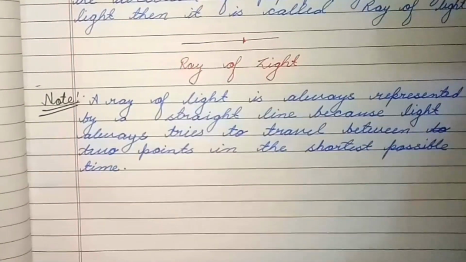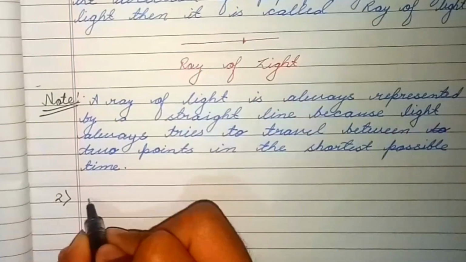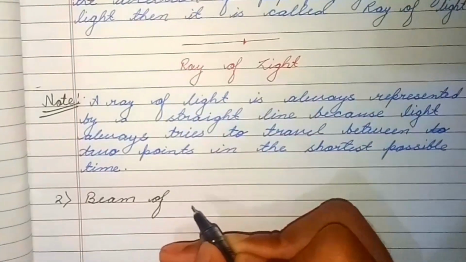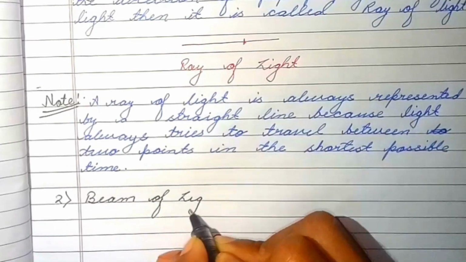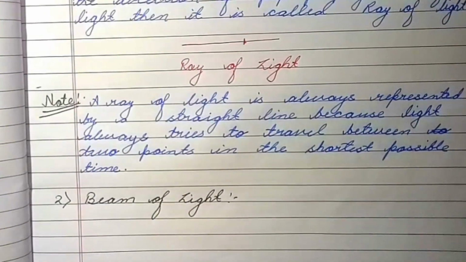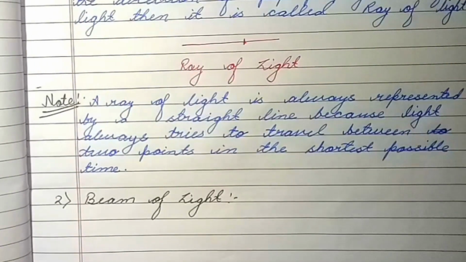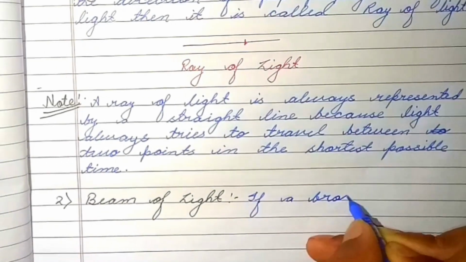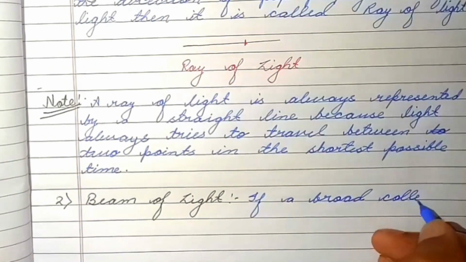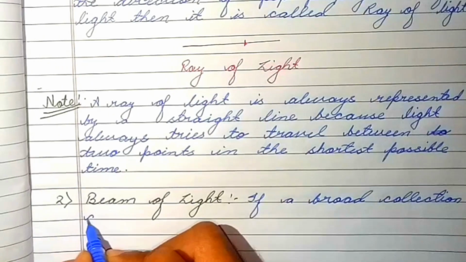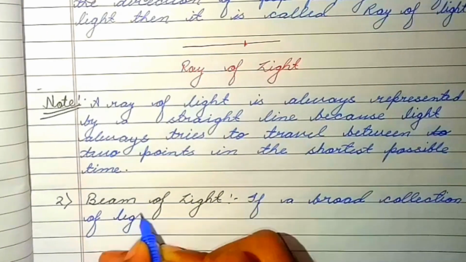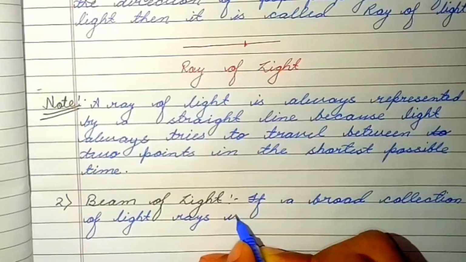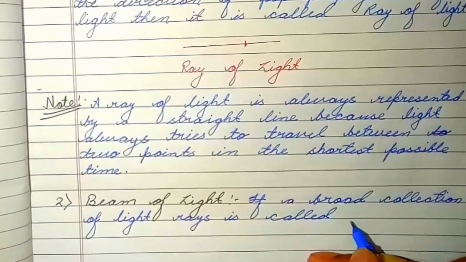Now students, our second point is beam of light. If a broad collection of light rays is called a beam of light.